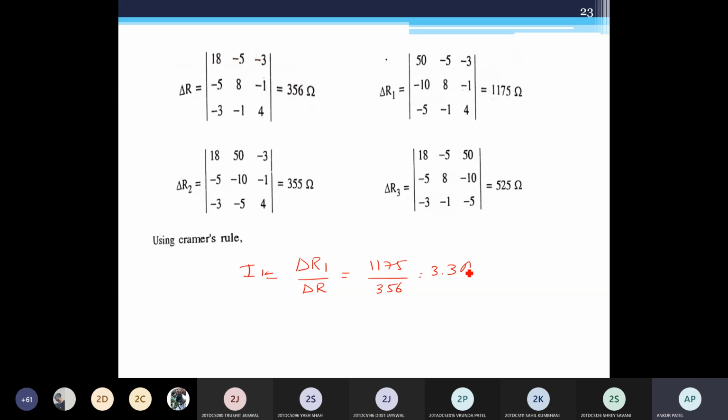Due to having voltage and resistance values in ohms, we have I1 equal to 3.3. I2 is 0.99.